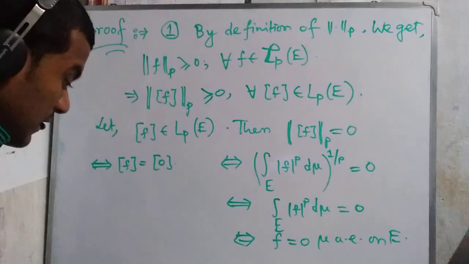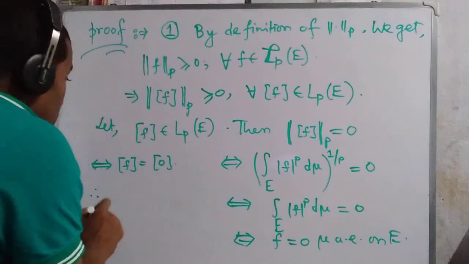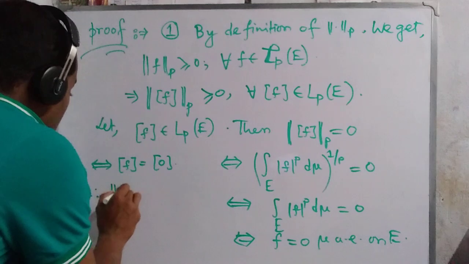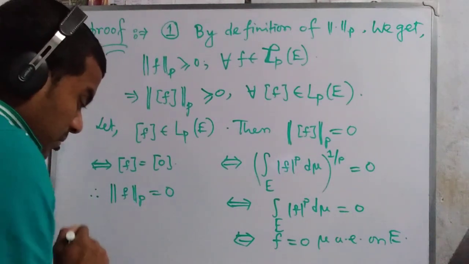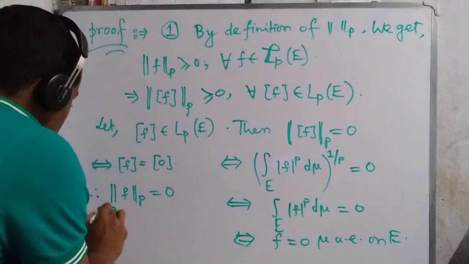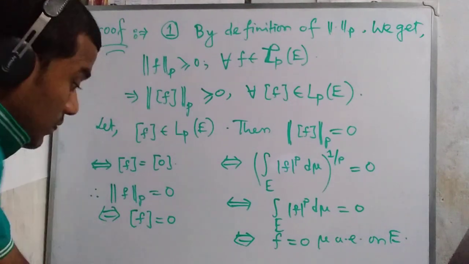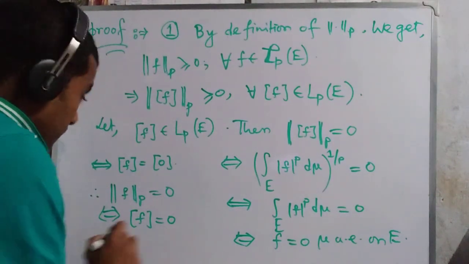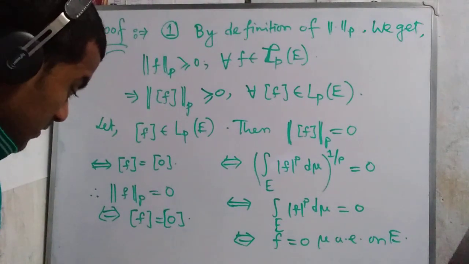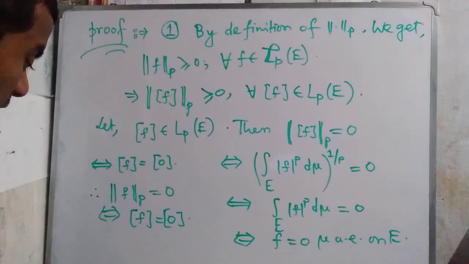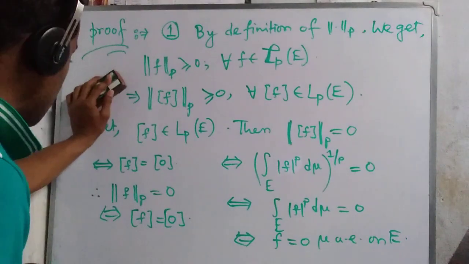Here norm of f p equal to 0 implies that this class f equal to 0, or the 0 class. Then again here is that portion, and going to further discussion of that.